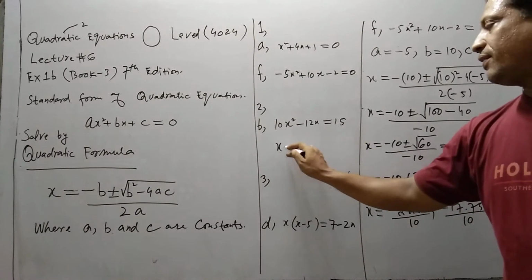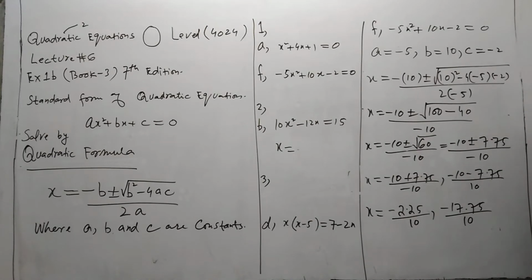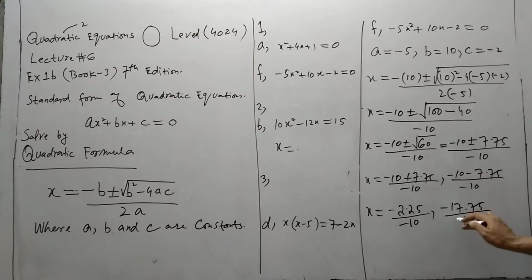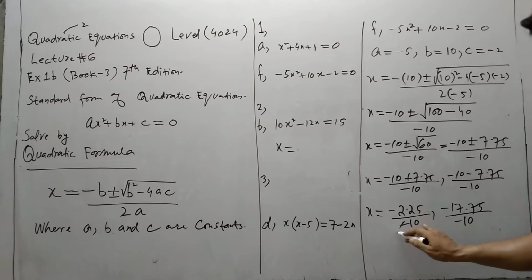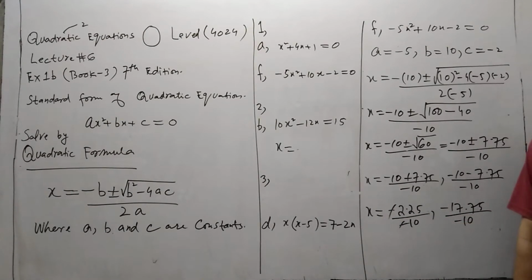Now divide. Minus 2.25 upon minus 10, sorry, I forgot to write minus 10. This minus cancels by this minus, so the answer is 2.25 upon 10.